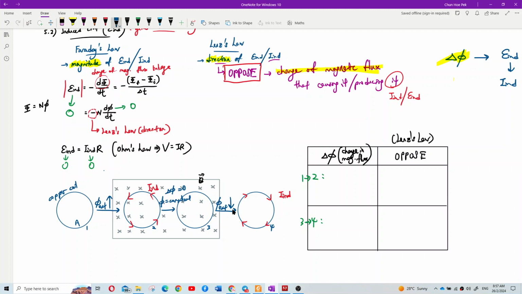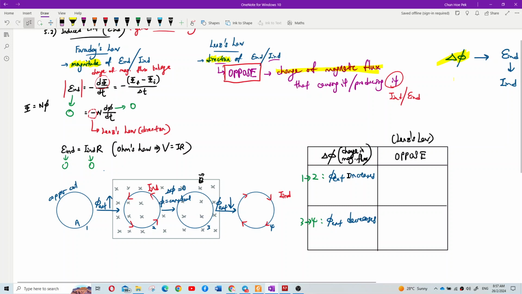From 1 to 2, the external flux increases. From 3 to 4, the external flux decreases. Menurun lah, dia menurun. Yang 1 to 2 meningkat, kan?